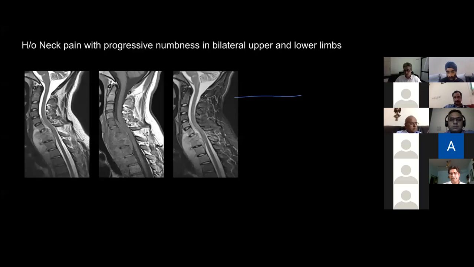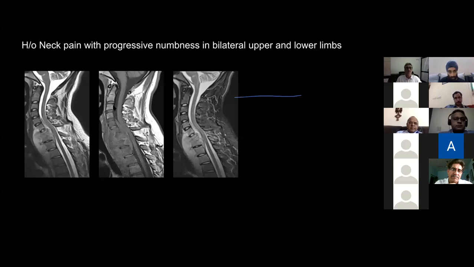There's another question, Dr. Naveen. How do you diagnose ossification of the posterior longitudinal ligament? Now this is the posterior longitudinal ligament. If this black color becomes thick, we call it thickening of the posterior longitudinal ligament. And if its central portion starts showing marrow-like increased signal intensity on T1WI, we call it ossification of PLL.